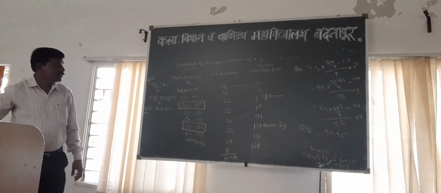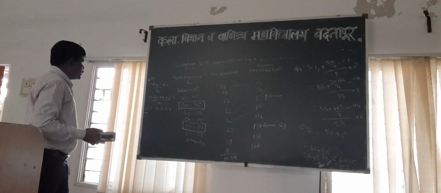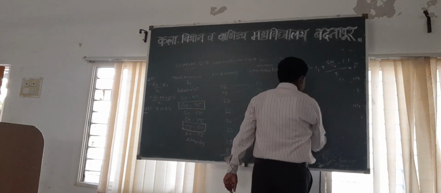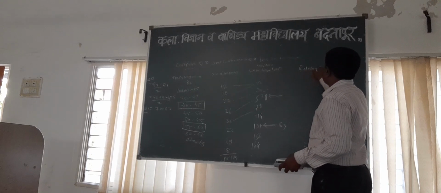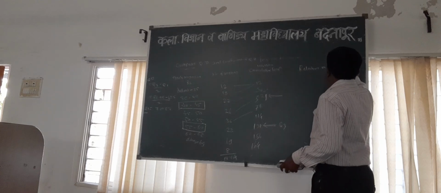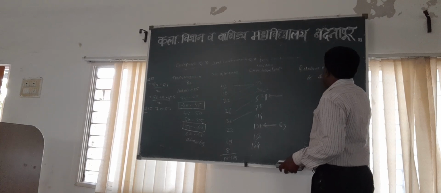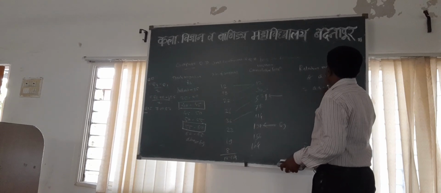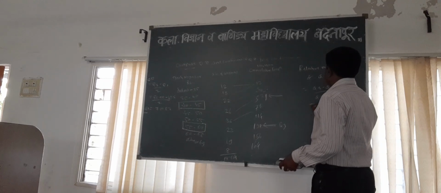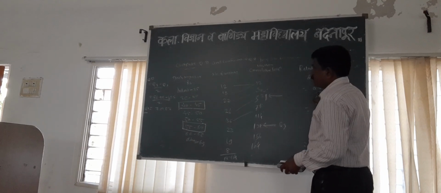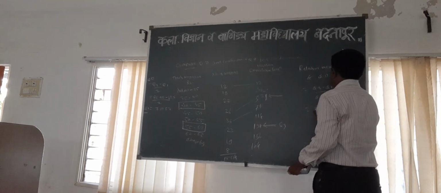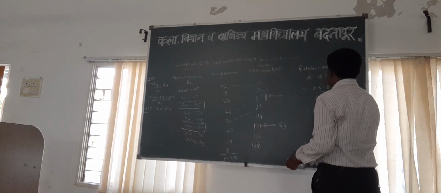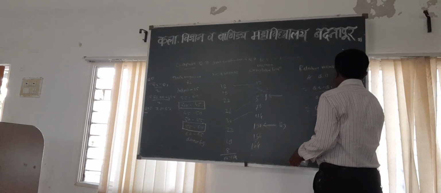Similarly we find the relative measure of quartile deviation, which is the coefficient of quartile deviation. It is Q3 minus Q1 divided by Q3 plus Q1, that is 56.95 minus 42.5 divided by 56.95 plus 42.5.